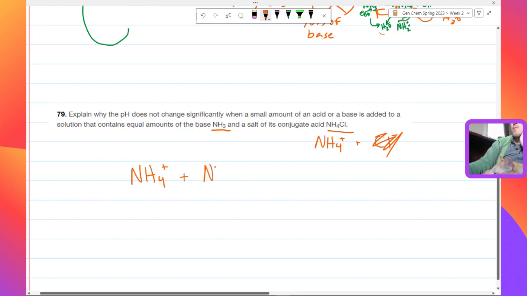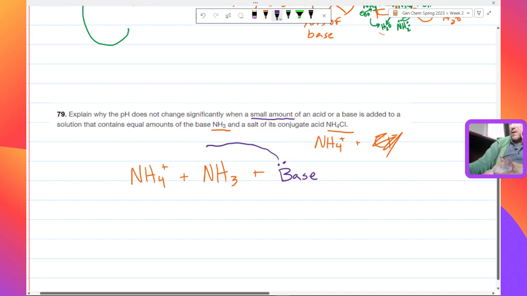But you have both of these out here and you put in, let's say, a few drops of base, whatever kind of base it is. It could be a strong base, a weak base, just some. It's a small amount. Whatever it is, it's not a lot of it. And what's this base going to do?